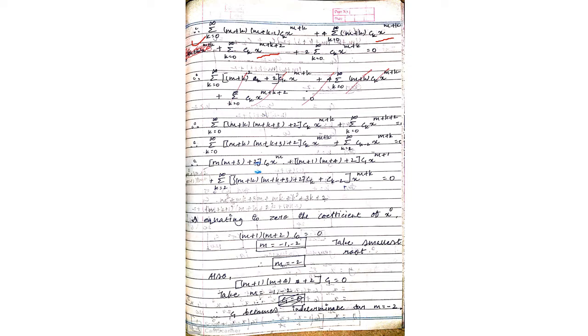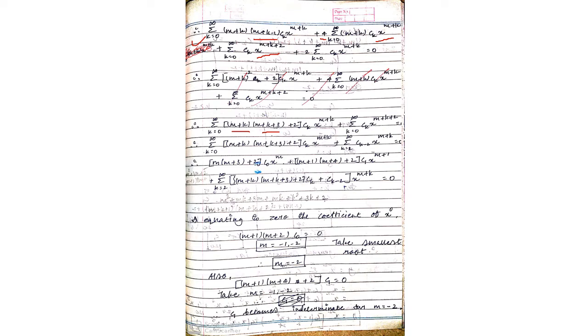See the first and second terms, both have m plus k, and the last term doesn't have m plus k. So from the first and second terms, keeping m plus k outside, the remaining term will be m plus k minus 1 and here plus 4, right? So m plus k minus 1 plus 4, that will be m plus k plus 3, this one.